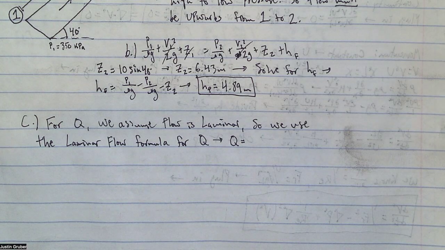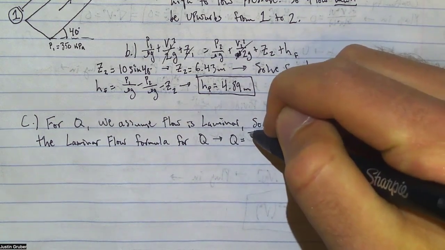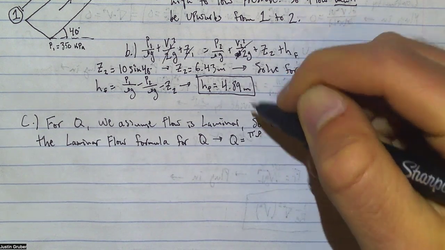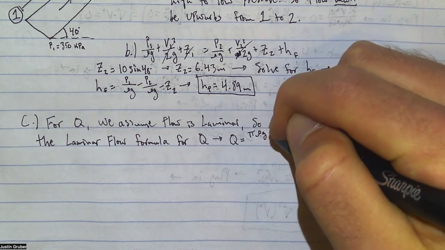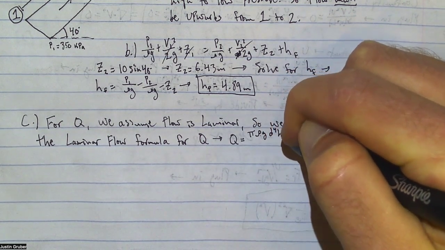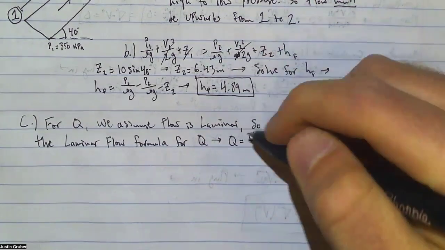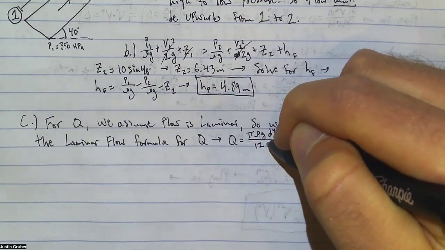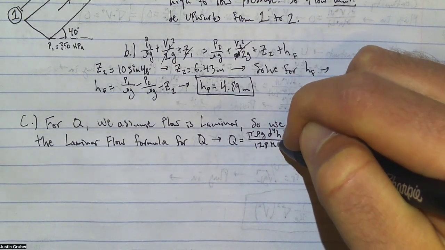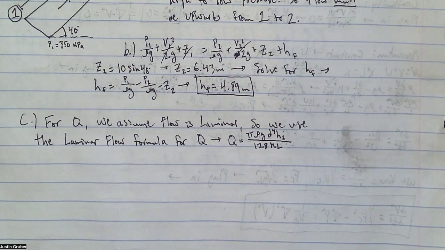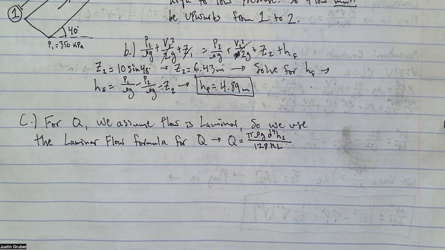But anyway, Q is pi times rho g d to the fourth HF all over 128 mu L. Right? And where mu is what? Nu times density, right?